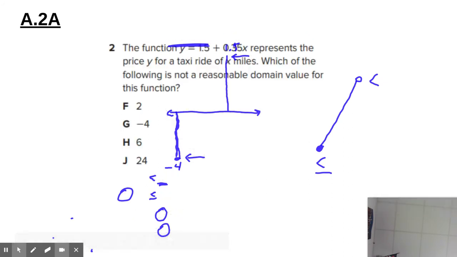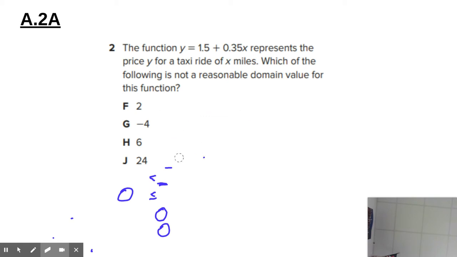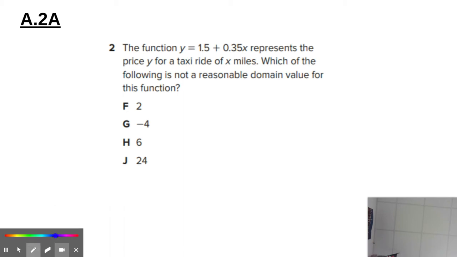Okay, let's clean up the screen and let's see if we can figure out the answer to this question. The function y equals 1.5 plus 0.35x represents the price for a taxi ride of x miles. Which of the following is not a reasonable domain value for this function?